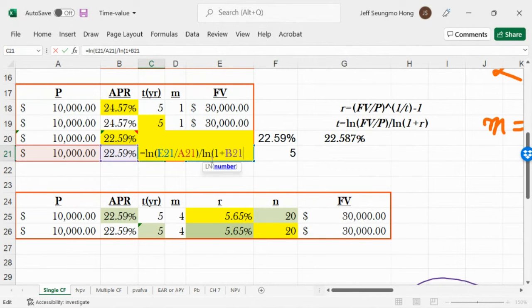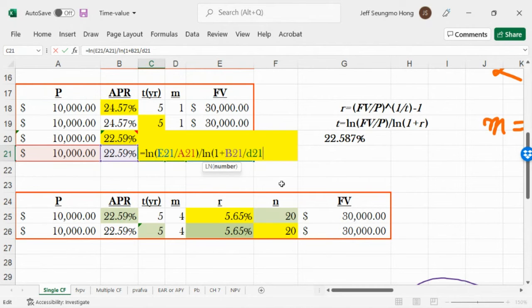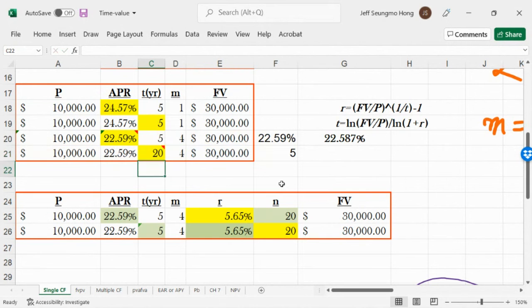Now the compounding frequency is quarterly, right? So we'll have to divide it by m, which is in D21. Okay, and then think about it. We made an adjustment. But if you hit enter, what did I say? If you use the quarterly rate, you'll get quarters. So what you will get here is 20 quarters.